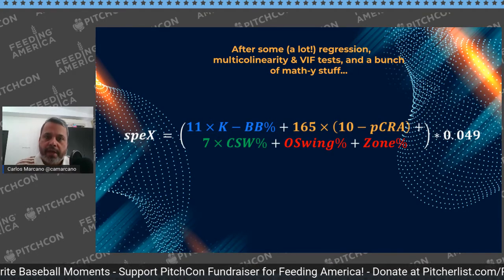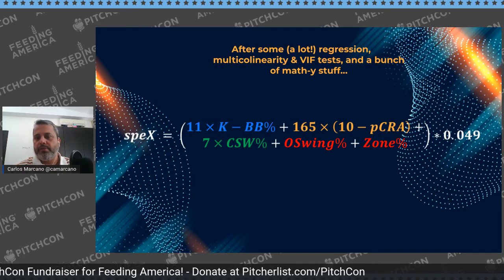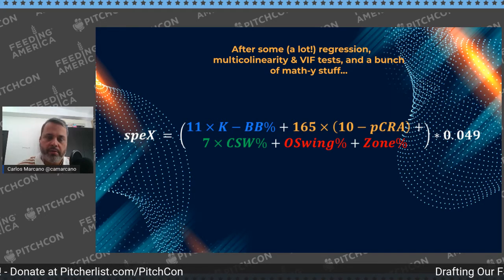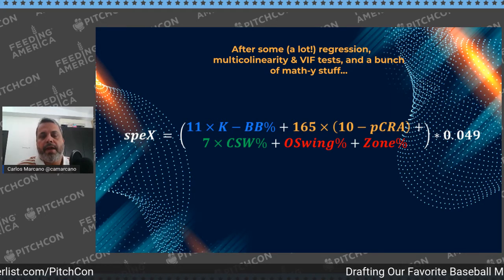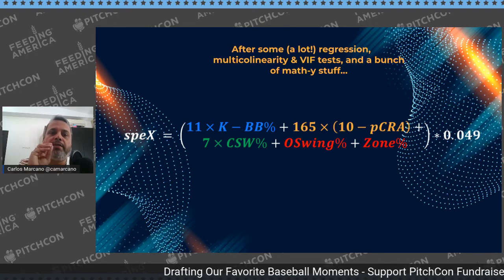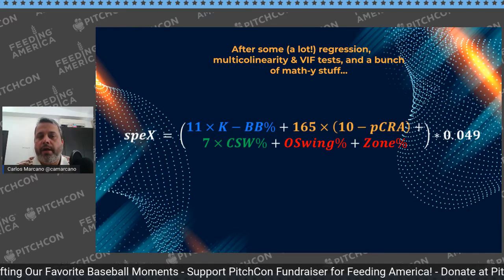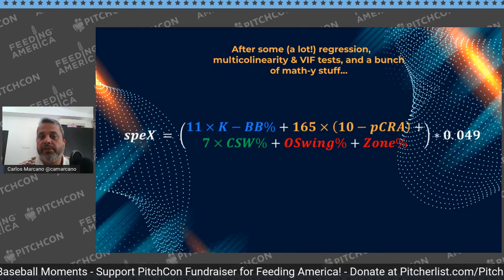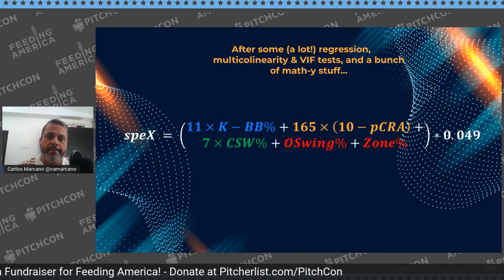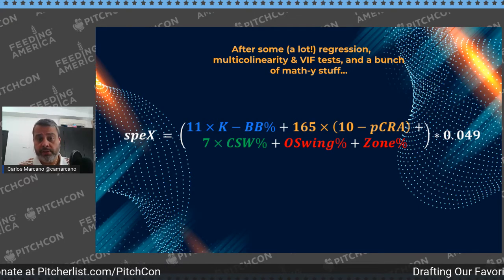So after all the testing and all the number crunching that Jeff did, we got this formula. I'm not going to bore you with the mathy parts of it. I just wanted to highlight the components: in blue, K minus BB percentage, and in green, CSW percentage, which is the stuff part. We have the deception part in red with the O-Swing percentage and zone percentage.